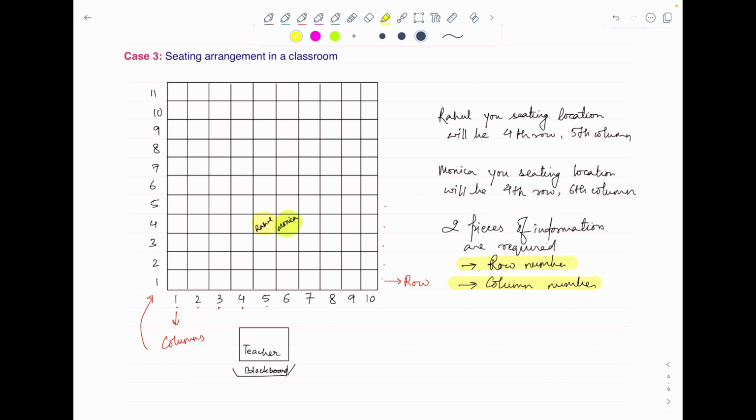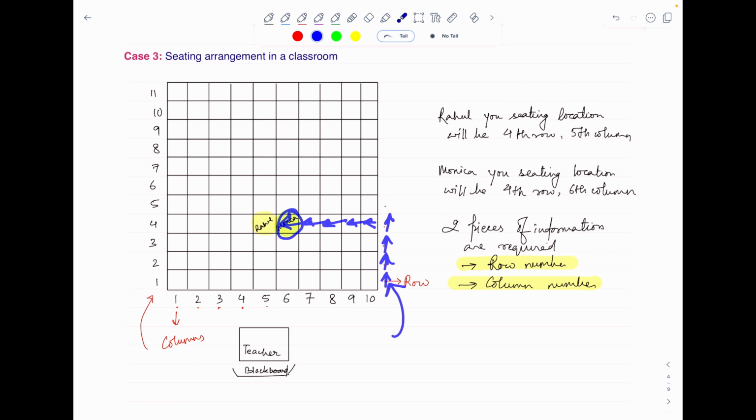In addition to this row number and column number, you need to fix the origin. Why am I saying you need to fix the origin? Beforehand, the teacher said you enter from this part only. If the teacher had said you enter from this other side, then this is the first row, second row, third row, fourth row, and first column, second column, third column, fourth column, fifth column.